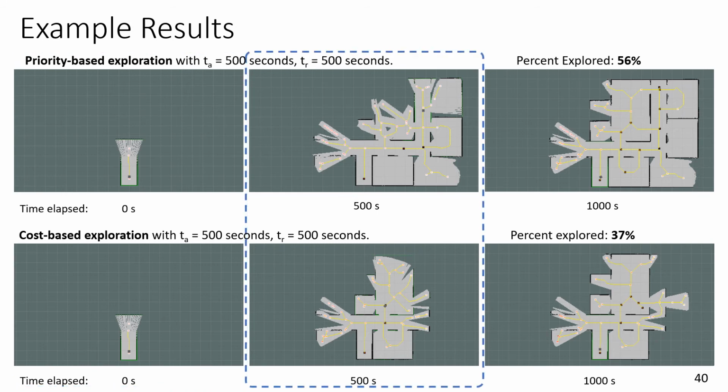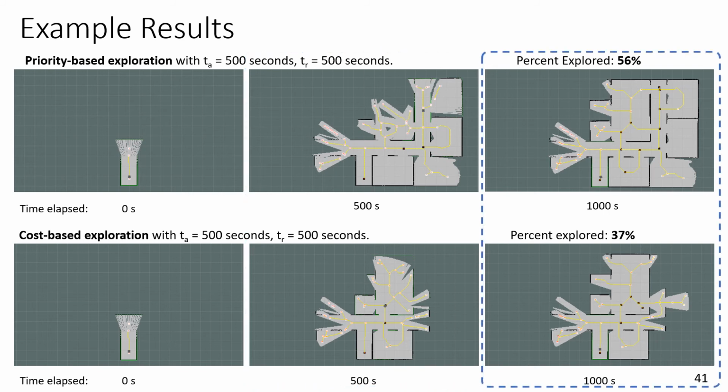The images in the middle column show the exploration at 500 seconds of exploration without a deadline. At that point, a deadline of 500 seconds is imposed. We observe that the priority-based exploration algorithm has already explored more of the unknown environment as it was able to observe parts of the unknown rooms adjacent to the corridor as it explored the corridor.